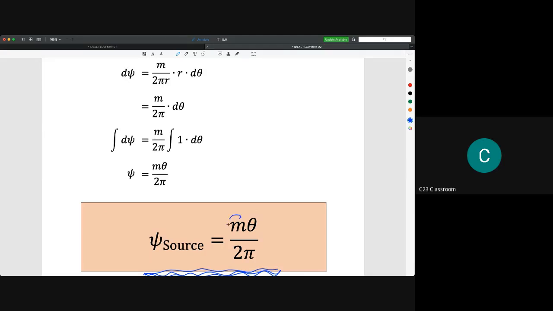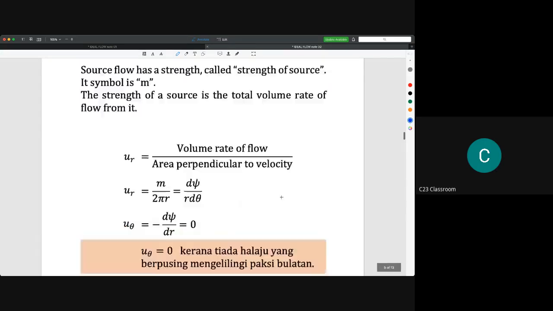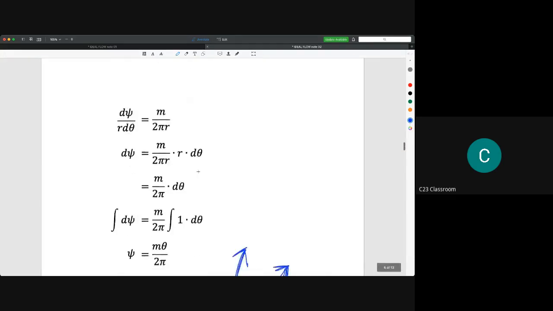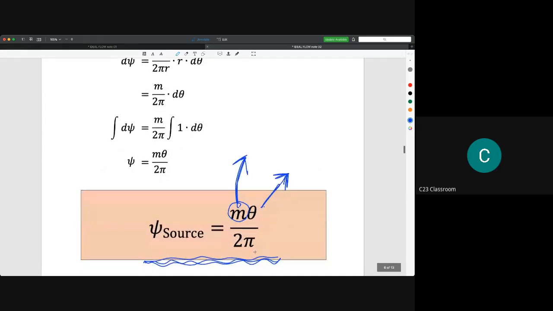Which m here is the strength or the flow rate, the strength of the source. The theta is actually the angle, so this angle needs to be taken into account. And then we have a 2 pi, which reflects the total area of circular shape. So that is the idea. So I hope you could remember. Now you know the psi for linear, and now we have the psi for source here.